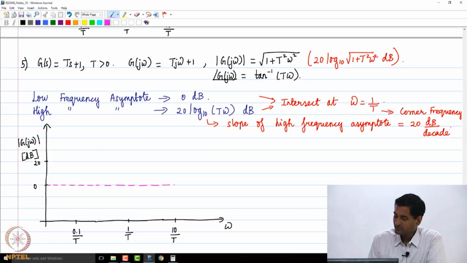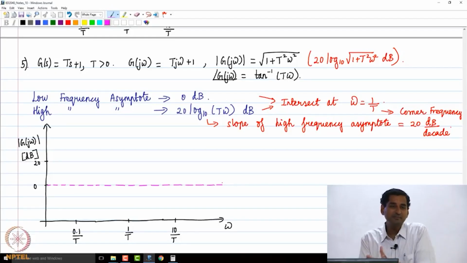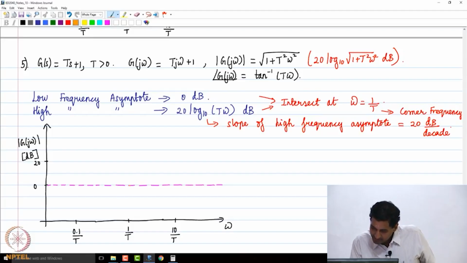So, how do I draw the high frequency asymptote? Please note that this is just an illustration. Low frequency asymptote makes sense only at low frequencies, obviously. How do I draw the high frequency asymptote? At 1 by T it is 0, and at 10 by T it is going to be 20 decibels.